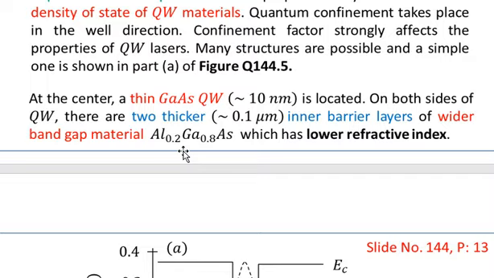And the material is aluminum 0.2 gallium 0.8 arsenide, which has a lower refractive index in comparison with the refractive index of the thin gallium arsenide quantum well layer. You can see that the thickness of these barrier layers of wider band gap material is of the order of 0.1 micron, which is about ten times the well thickness, as you can clearly find out from here.